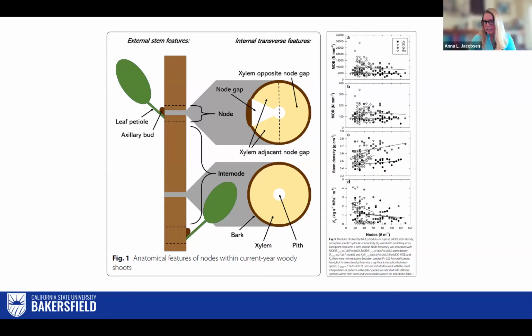What that ended up looking like is that we maybe had one team interested in the relationship between node number and wood density in one species. Maybe another team was interested in the relationship between node number and hydraulic conductivity across species. And another team might have been interested in the relationship between hydraulic conductivity and xylem density.